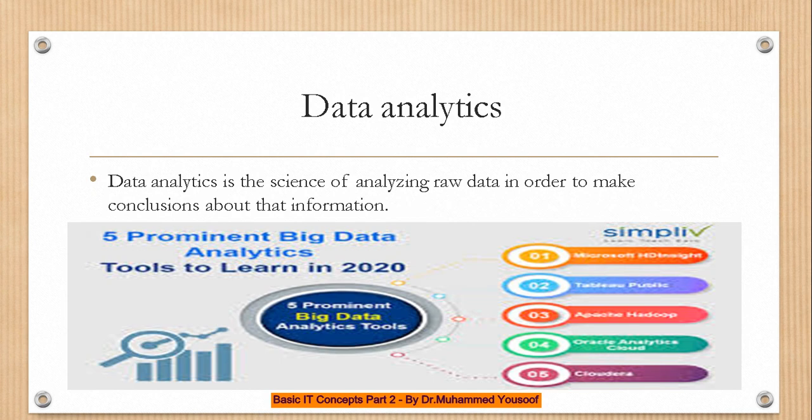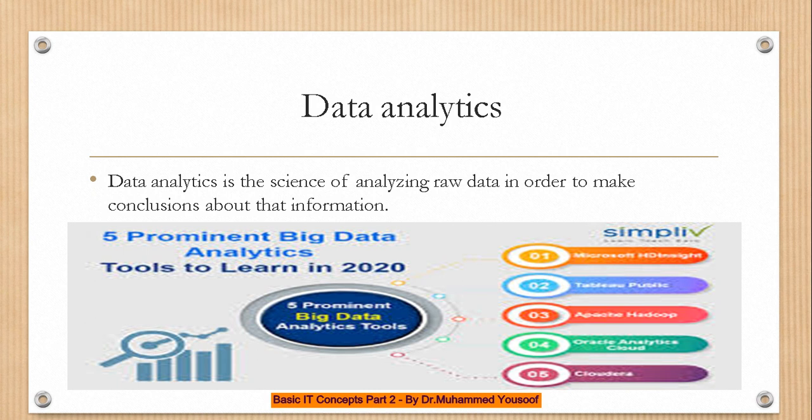There is another emerging field in the field of IT and information system, which is very much essential for business students. It is called data analytics. What is data analytics? It is a science of analyzing the raw data in order to make conclusions about the information.